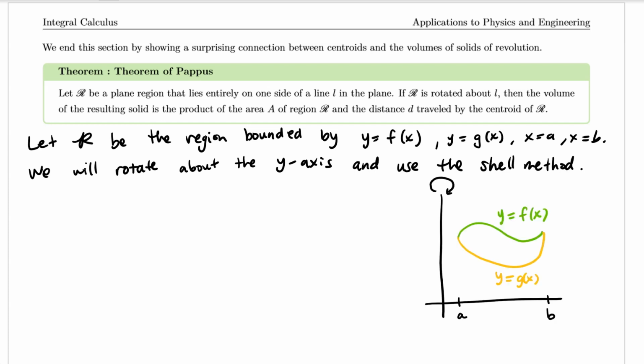So I've gone ahead and I've drawn the region R that's being described, and we are rotating about the y-axis, and we want to use the shell method. So our volume here is equal to 2 pi times the integral from a to b of the radius times the height of our shell. So I'm just going to draw a shell.